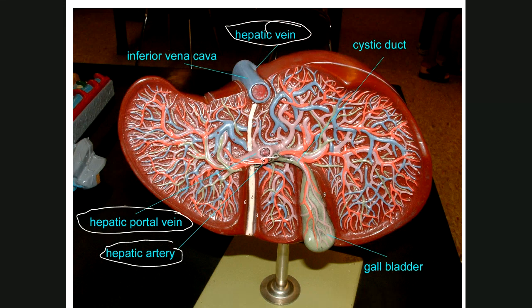And the portal system connects the small intestine directly to the liver. So remember we said that when you absorb things, they go to the liver first. That's the portal system that connects the small intestine directly to the liver. And then these green things, remember, are bile ducts.